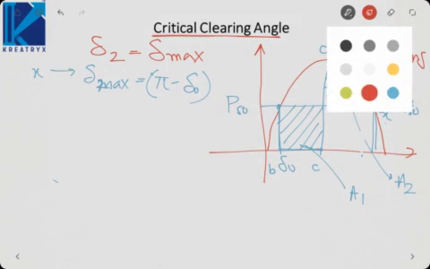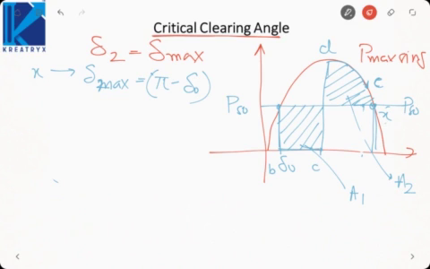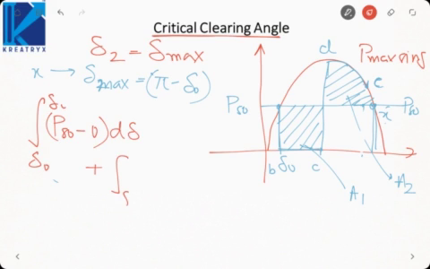So now let us apply the equal area criteria. So area A1 can be calculated as integral delta naught to delta C of PS naught minus 0, because electrical power is 0, plus delta C up to delta max of PS naught minus electrical power, which is P max sine delta.